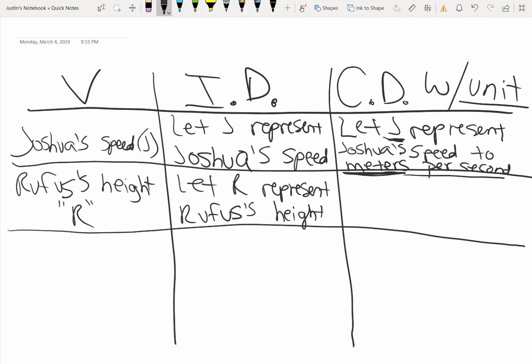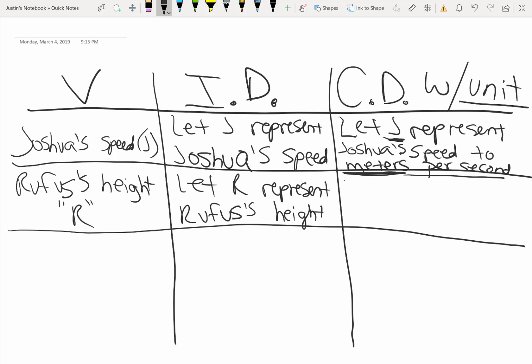Okay, when we're talking about height, you could use centimeters. I wouldn't use feet because, I mean, if you used feet and you were 5'3", you would have to use inches as well. So when you use something that we do not have to use, the variable could only represent one unit, so I would say centimeters. All right, that's the best way to represent the height.